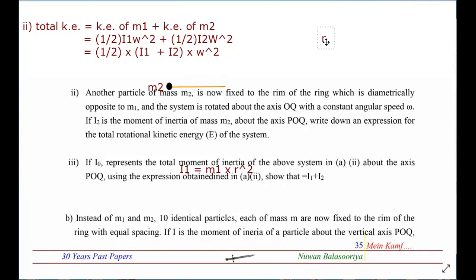So this is the second particle. This is the radius of the circular path. Mass of the second particle is m2. So I think you are okay with those things, right?